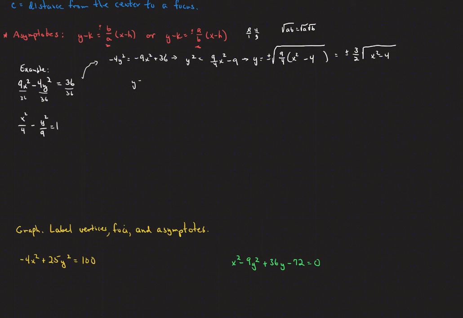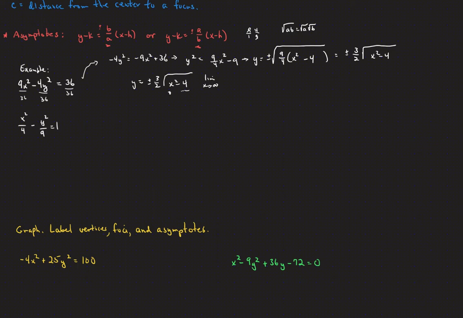Okay, here's where we sit right now. Y is a positive or a negative square root of x. I left off the 3 halves. That was pretty important. 3 halves square root of x squared minus 4. Now, my claim is that as x gets really, really big, as x goes to either positive or negative infinity, as the x gets really, really big and you square it, that's even bigger. Think 1,000 squared, 1,000,000 squared. That minus 4 is very insignificant.